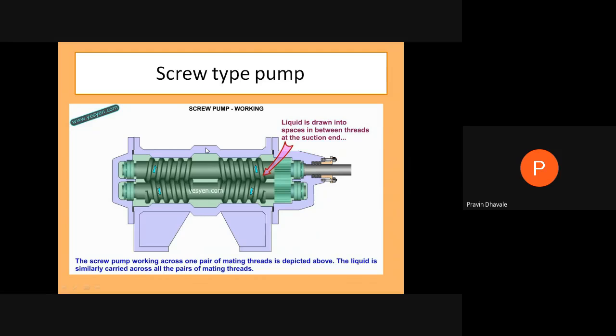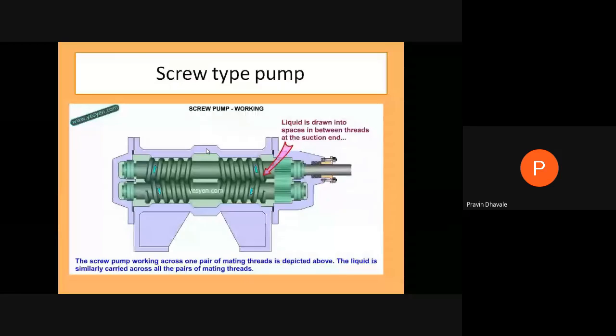So this gear, screw type pump, is one type of positive displacement pump where we are using two metallic hardened helical screws. Up to half portion they are right-handed screws and up to half portion left-handed screws. The two screws are meshing with each other, and out of these two, one screw is having a motion from the prime mover.